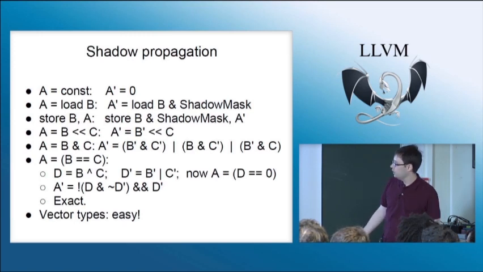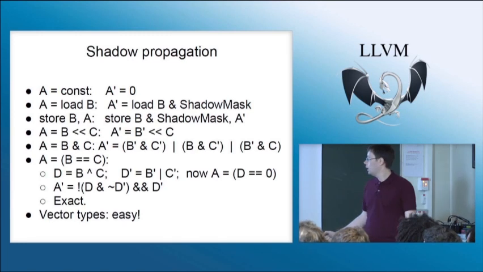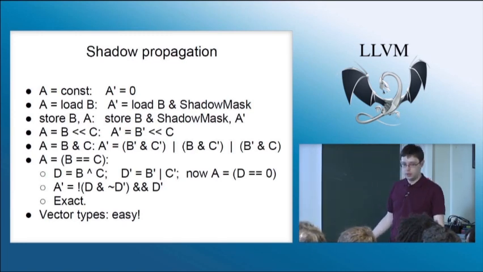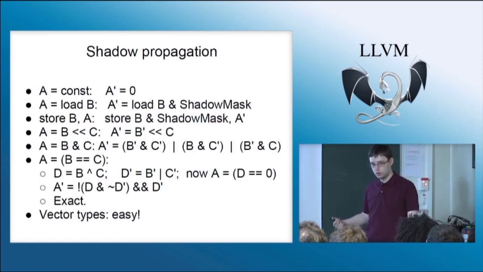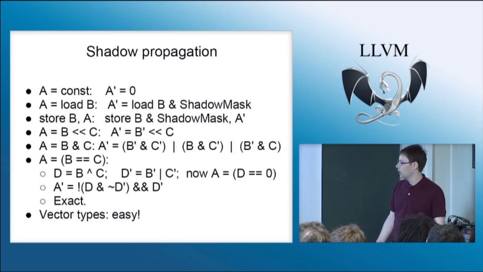Logical bitwise AND is a bit more complex. This equation is exact. This is the shadow of the result, and this will have ones in place of bits that cannot be computed using only known unpoisoned bits of B and C. Something even more complex we do for equality comparison.